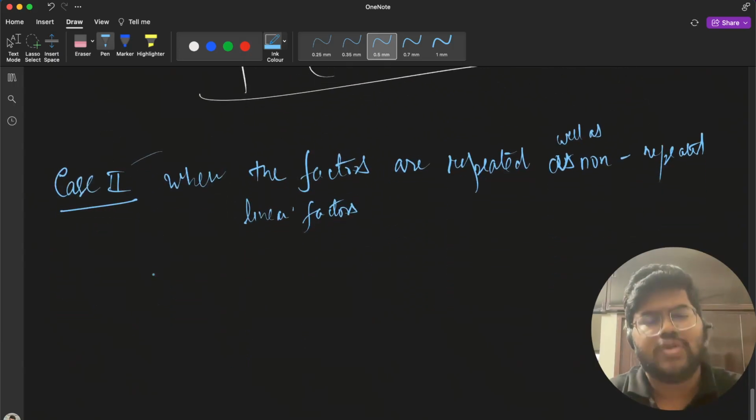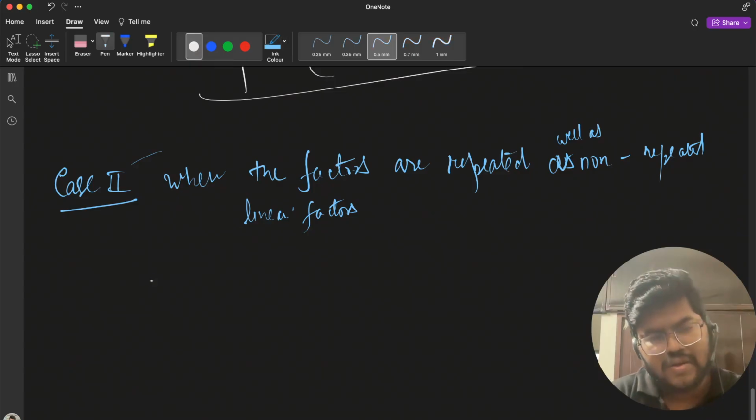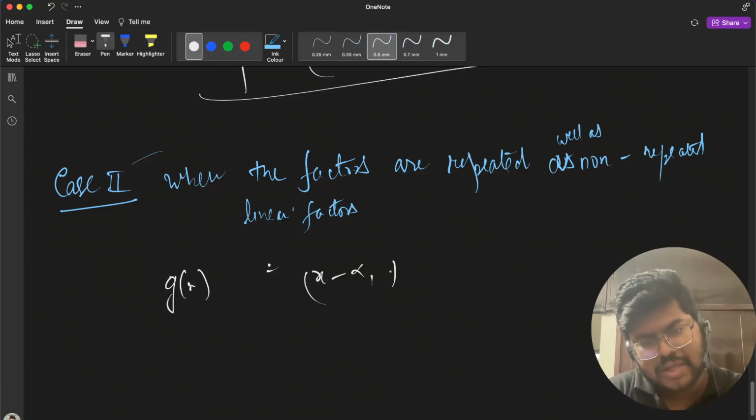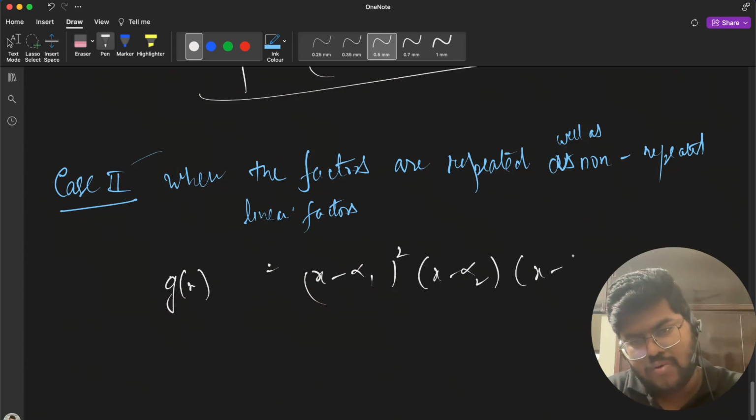Then it is the case where the denominator gx could be written as (x minus alpha 1) squared into (x minus alpha 2) into (x minus alpha 3) and so on, up to (x minus alpha n).